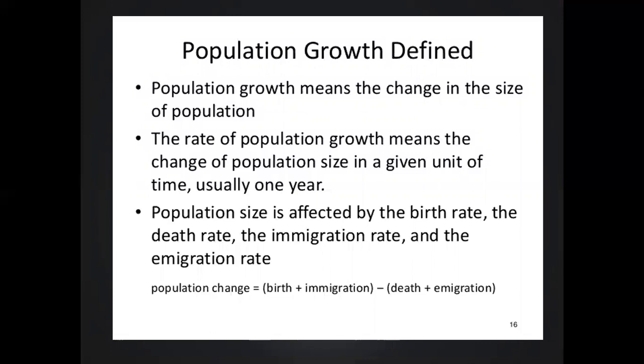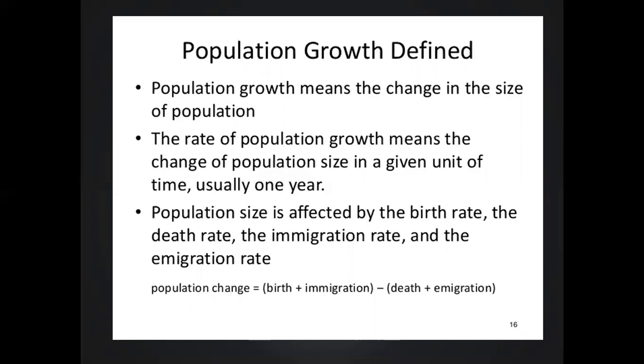Population growth means the change in the population size. The rate of population growth means the change of population size in a given unit of time, usually 1 year.